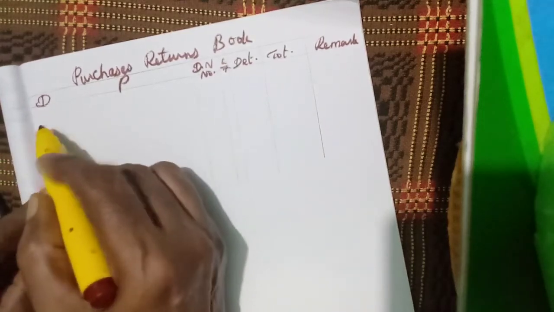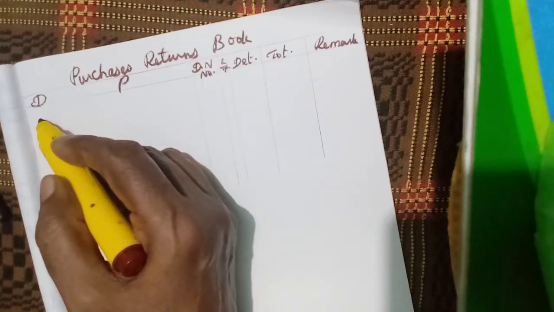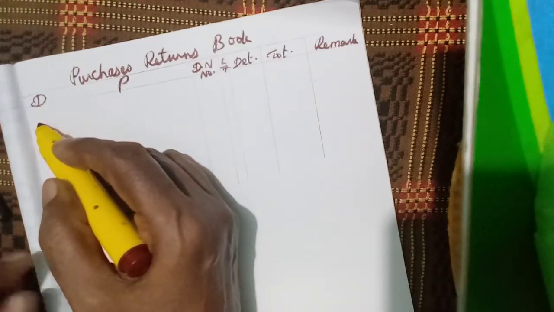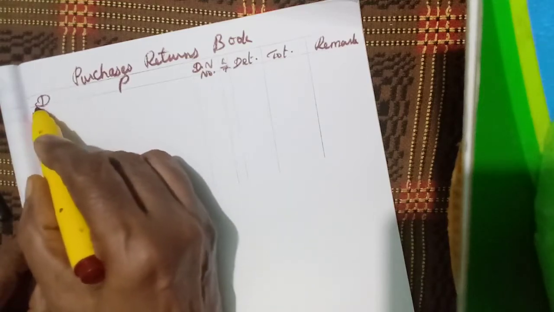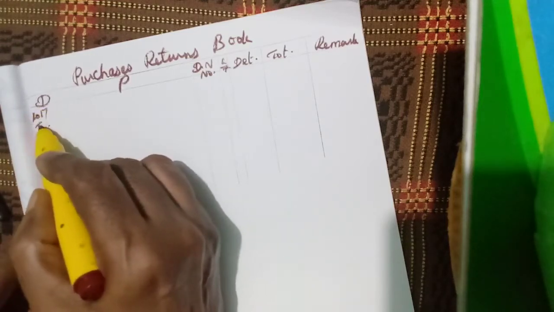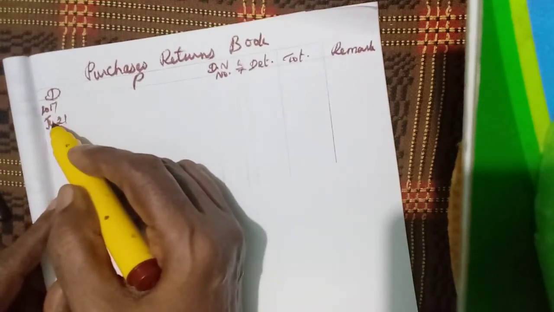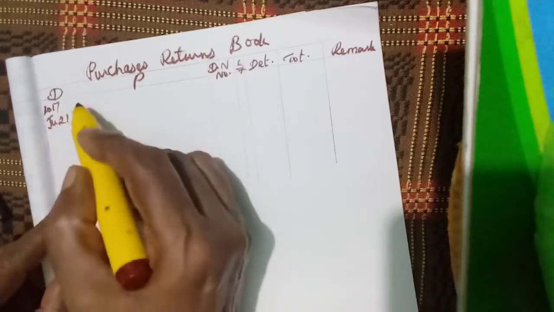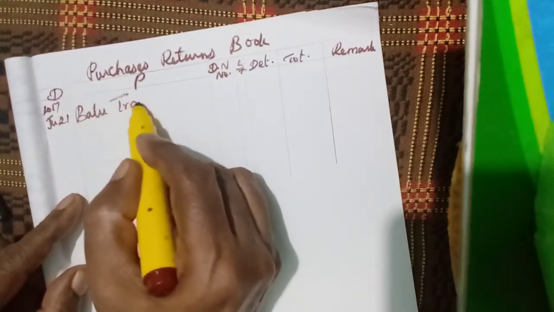We will see. Okay, date, which date? Purchase returns, June 21, 2017. Returned damaged chairs to Balu Traders. So the supplier's name, Balu Traders.